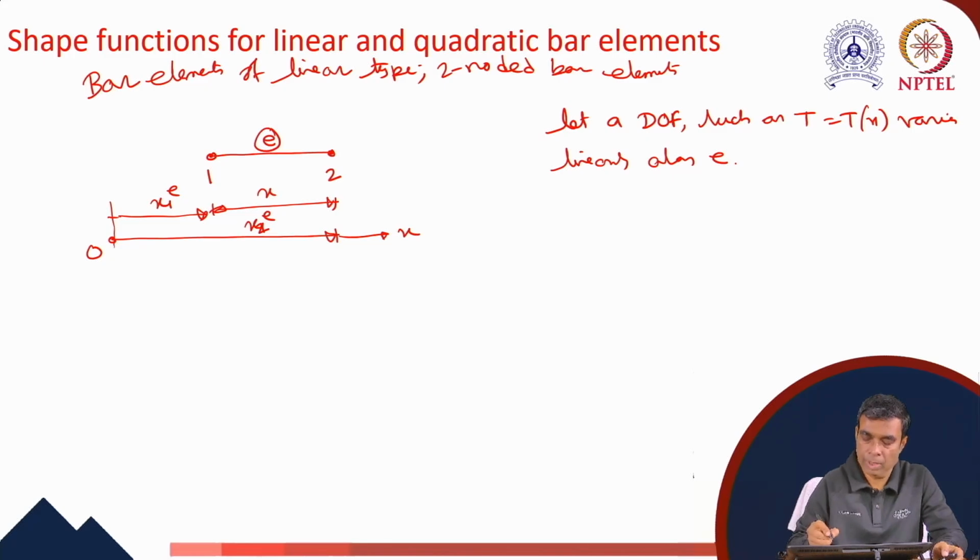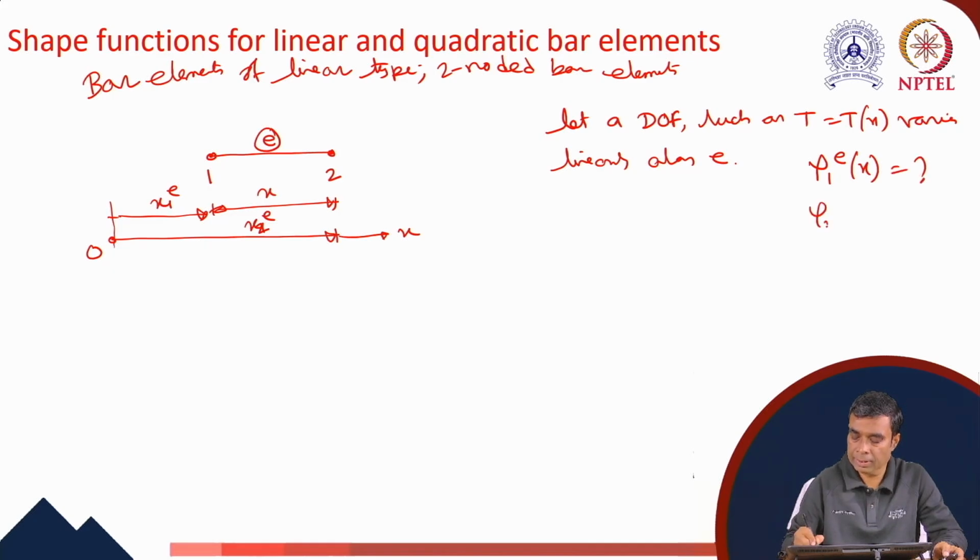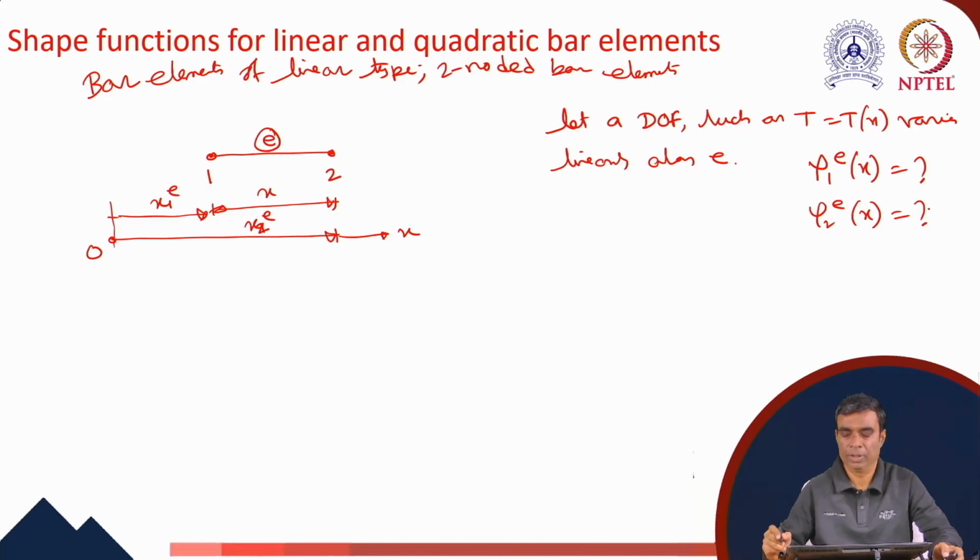Now, we have to find the expressions for psi1e(x) and psi2e(x). These shape functions, we already know that if the temperature is varying linearly within this element, it means that both of the shape functions must also be straight lines.